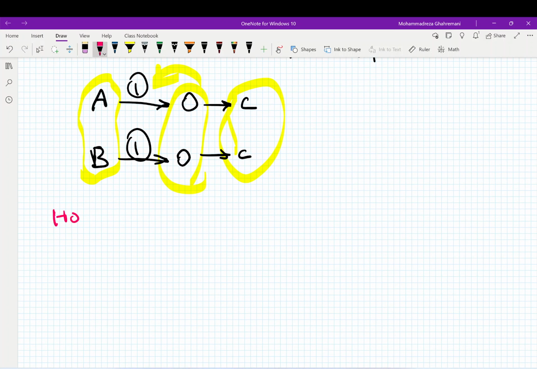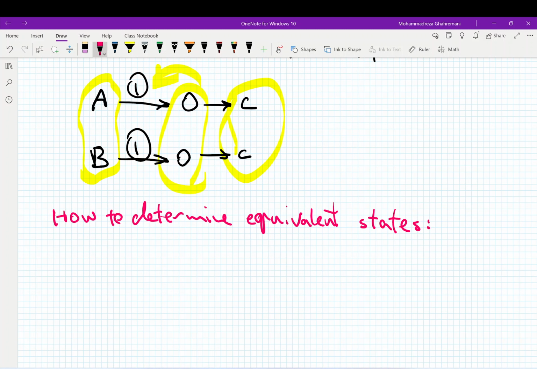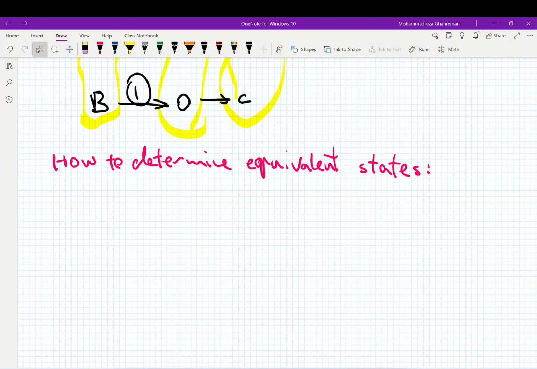So how to determine equivalent states? We have several methods to find or determine equivalent states.